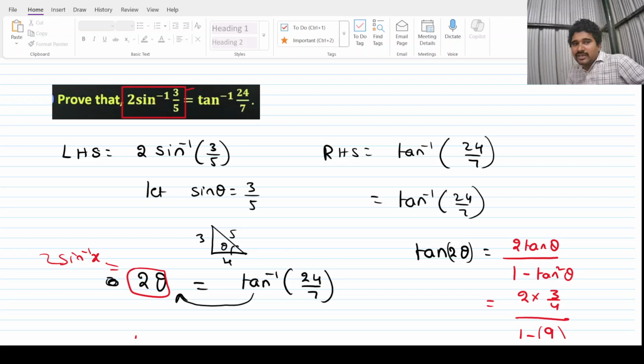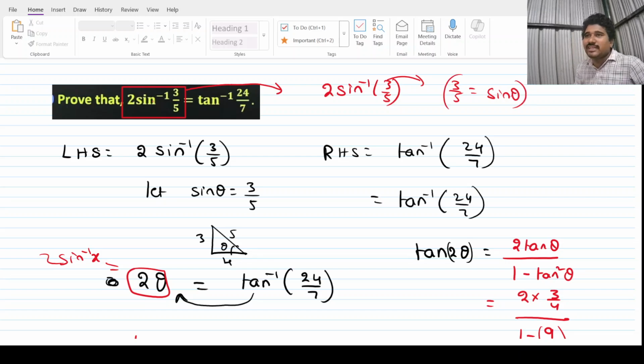I treated 3 by 5 as sine theta so that I can cancel, right? So I ended up with this as 2 theta.